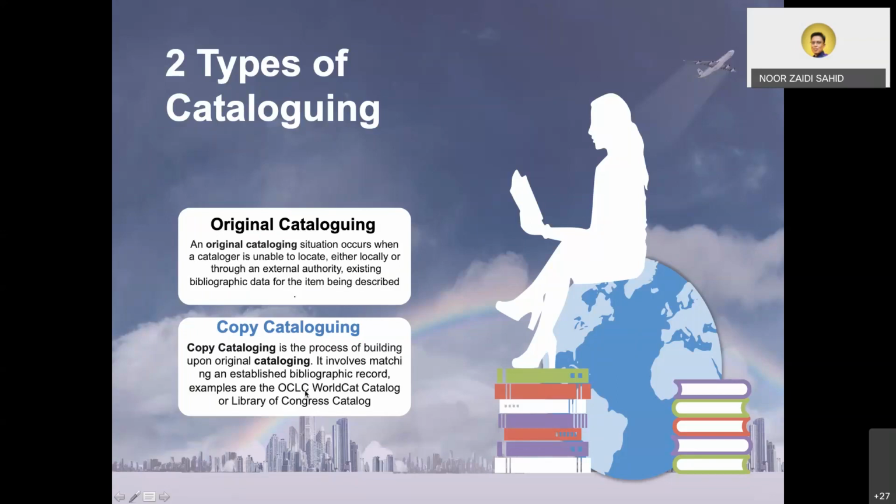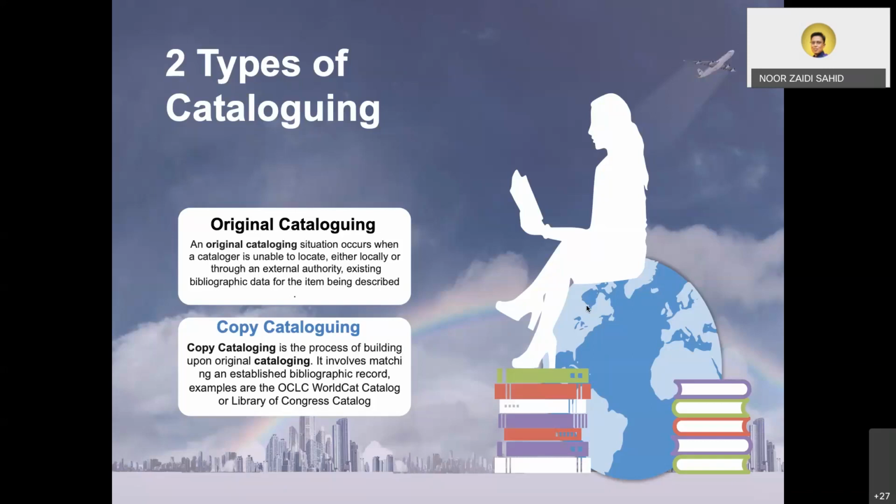Jadi semua library di Malaysia tak terkecuali dia perlu menghantar katalog record to the National Library as National Bibliographic Agency. The National Library is our National Bibliographic Agency. Fungsi National Library adalah to collect all bibliography and then submit the records to OCLC.